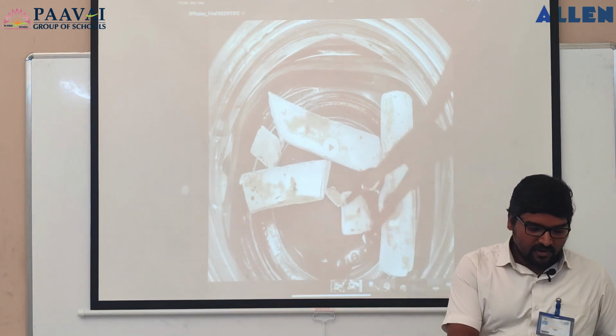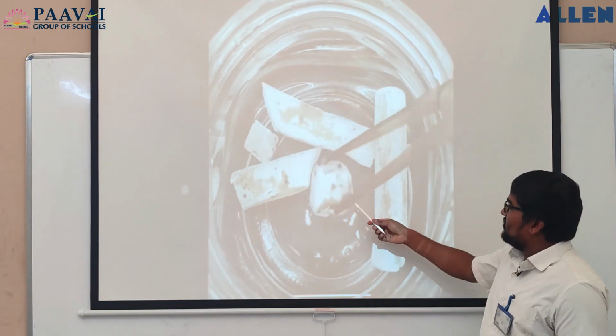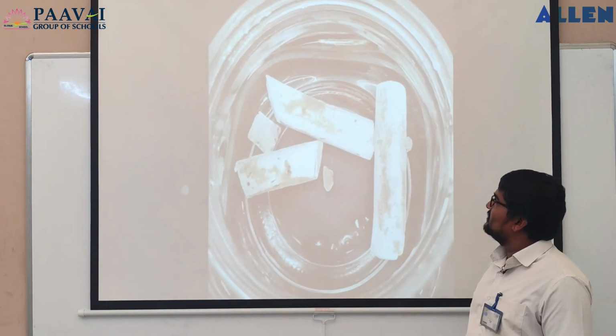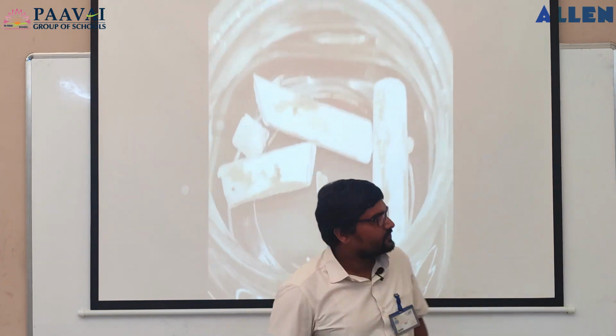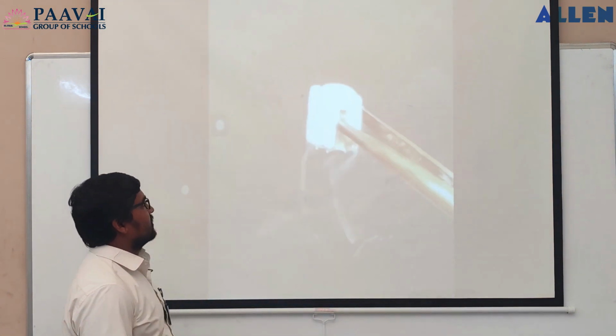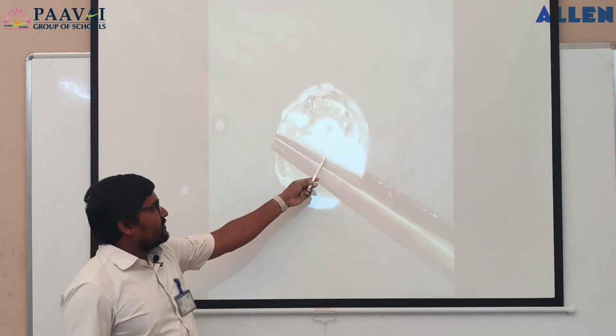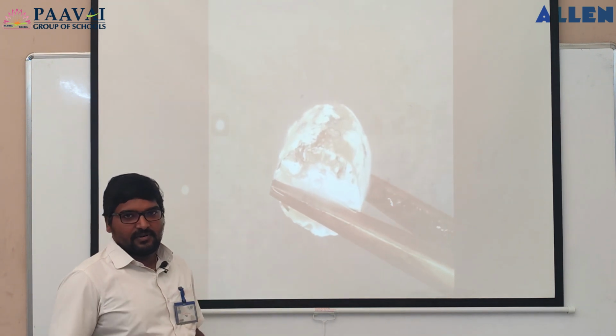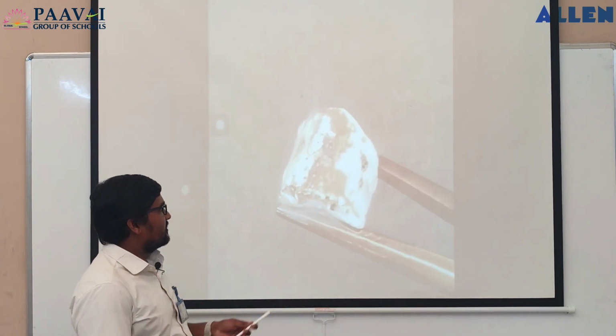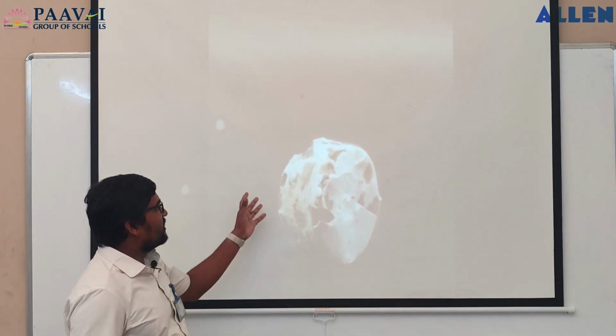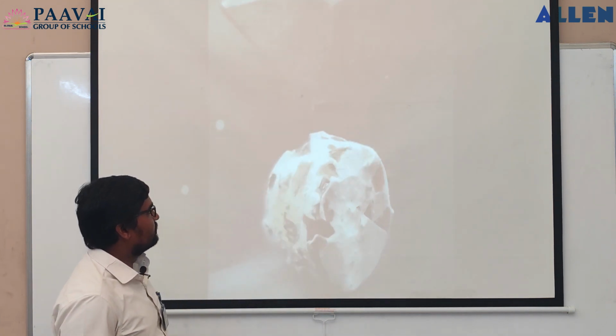Okay. So, now let us see, this is the white phosphorus here. When it is brought to the air, it started igniting spontaneously. You can see it is catching fire and white fumes are getting evolved.